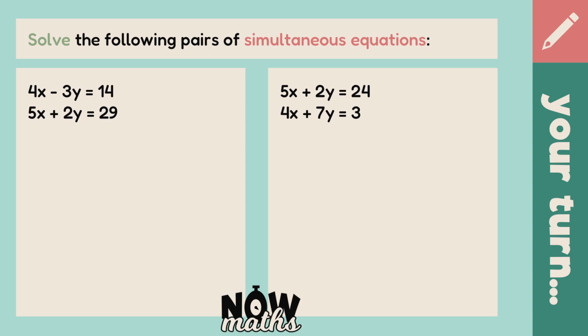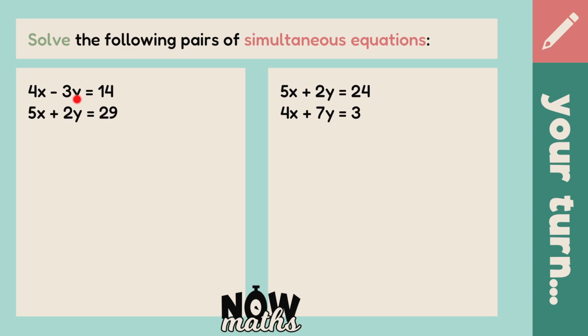So both of these questions will require us to look at lowest common multiples. So looking at the coefficients of x first, 4 and 5 have a lowest common multiple of 20. And the coefficients of y, 3 and 2, have a lowest common multiple of 6. So I'm going to choose to make the y coefficients 6 because that's smaller.